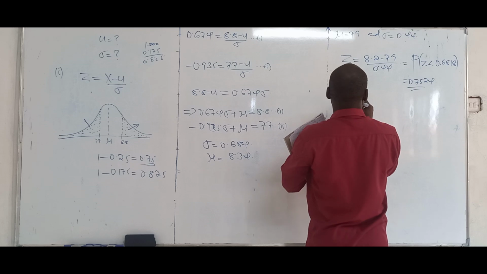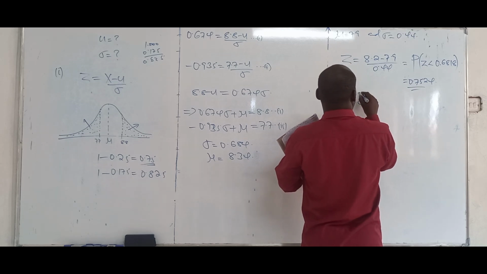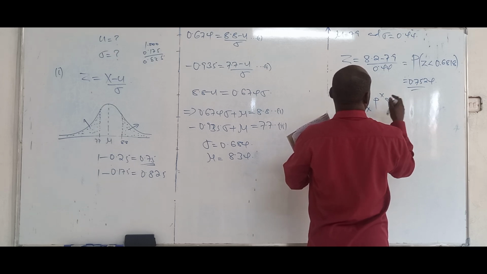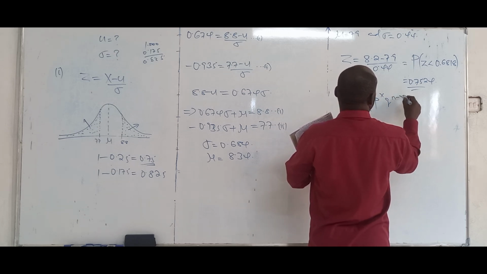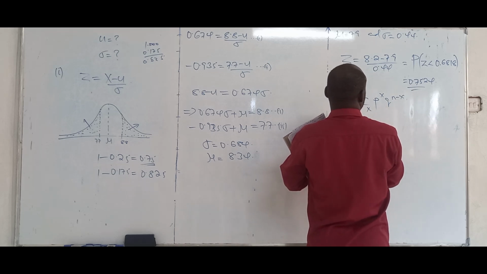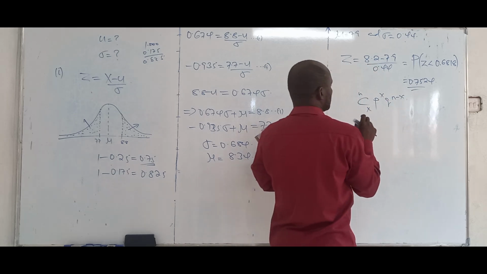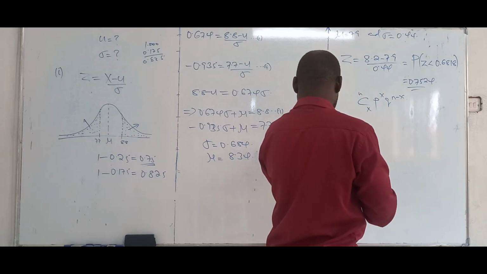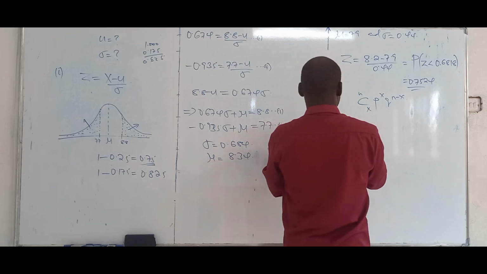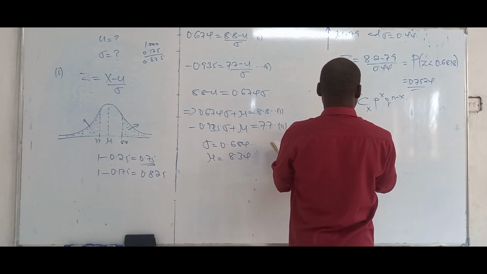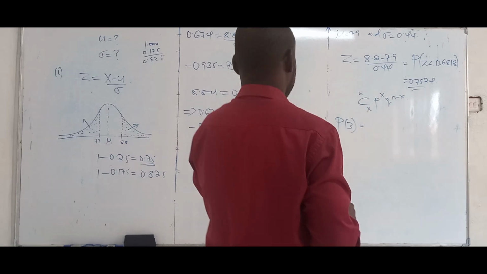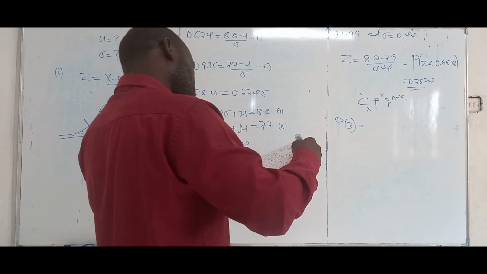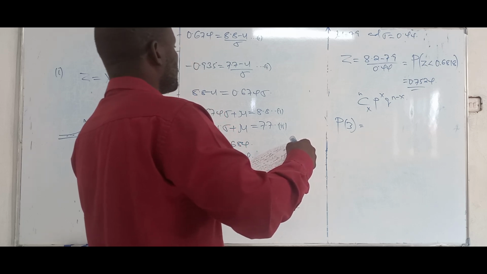Remembering our formula, n combination x, p to the power x, and q to the power n minus x. We could have had summation, but in this case it is fixed. We are told exactly 3, so find the probability that 3 of these women have middle fingers shorter than 8.2.